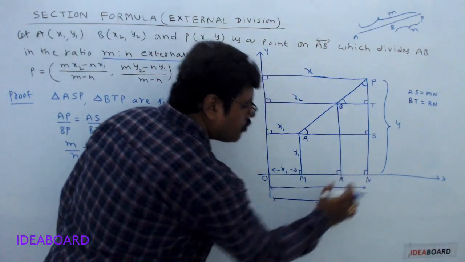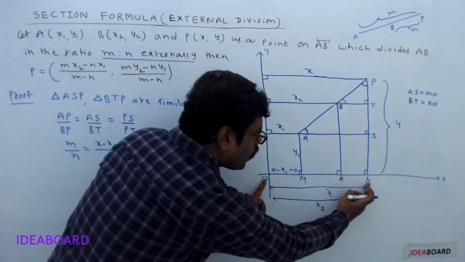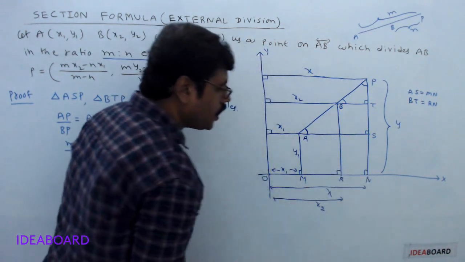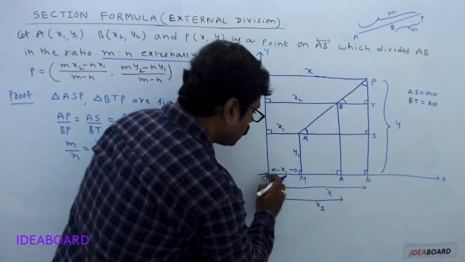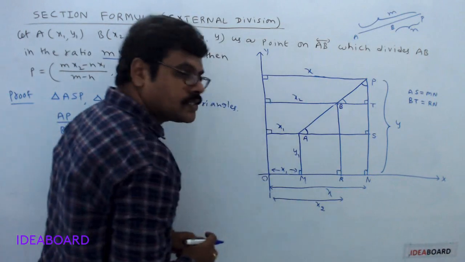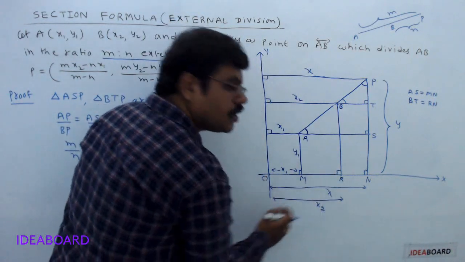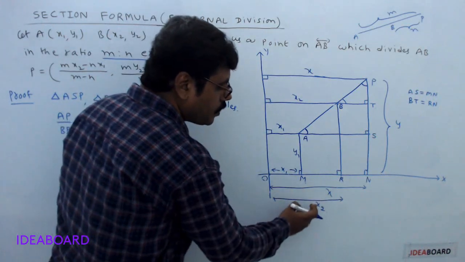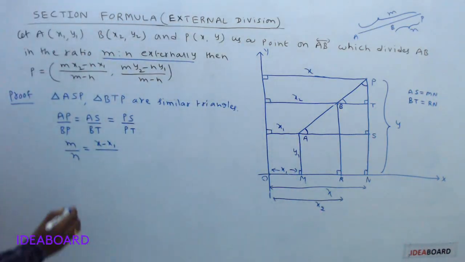This RN can be expressed as ON minus OR. ON value is x, OR value is x2. So RN value can be taken as x minus x2.